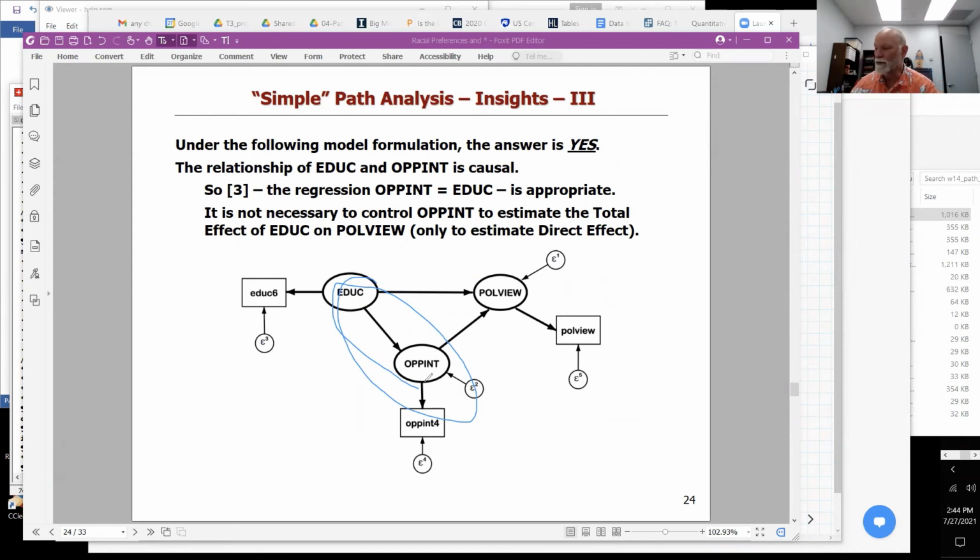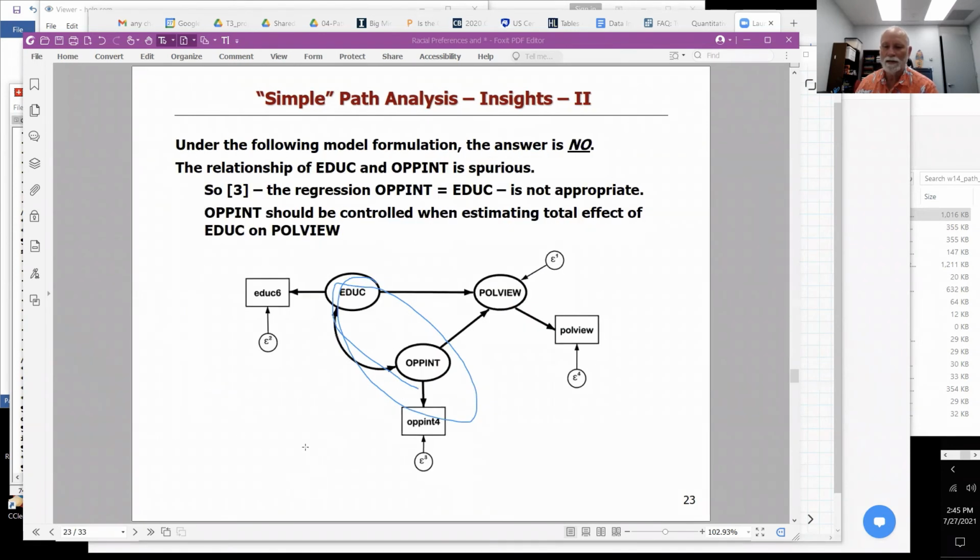For every single equation regression you run, you're implicitly assuming all x's are connected by curved arrows, which means they can only have direct effects. You have to stop and think about that. If you said that out loud, could it possibly be plausible? None of my x's are causally connected to each other.